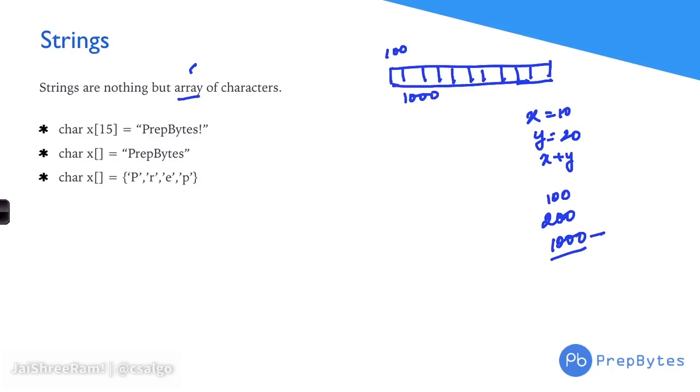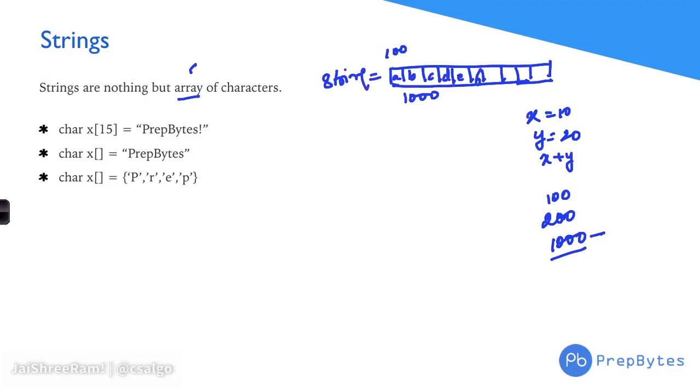An array can have characters, floats, or integers. Strings are nothing but arrays of characters. So if we have an array and I am storing a character in each and every box, then this whole array of characters is called a string.